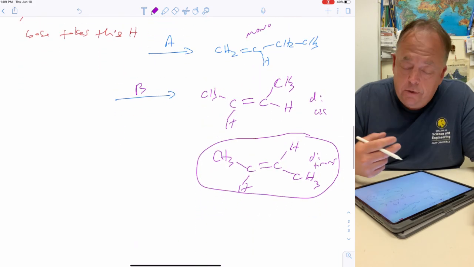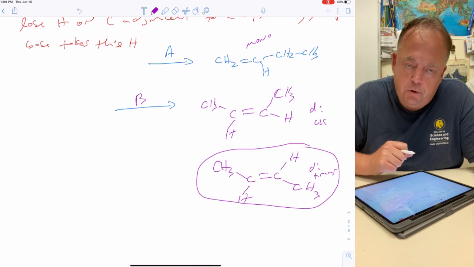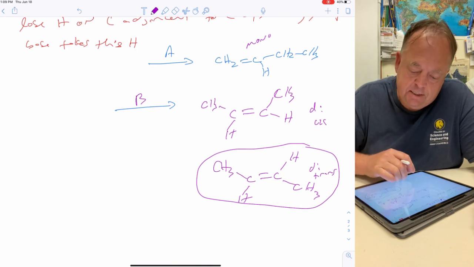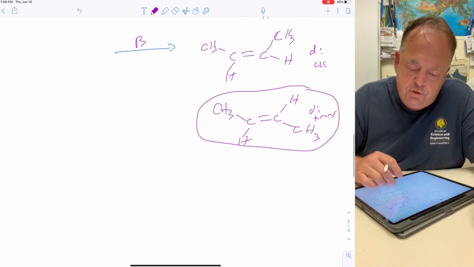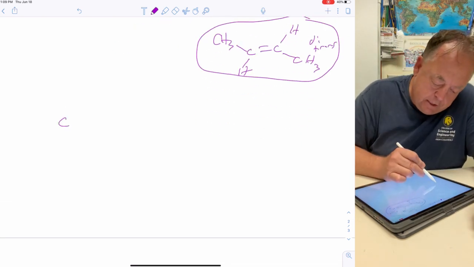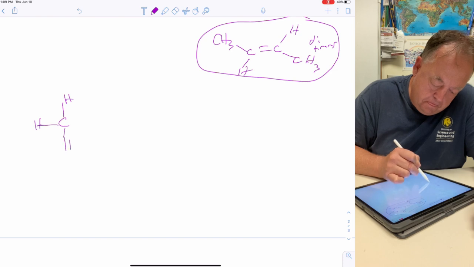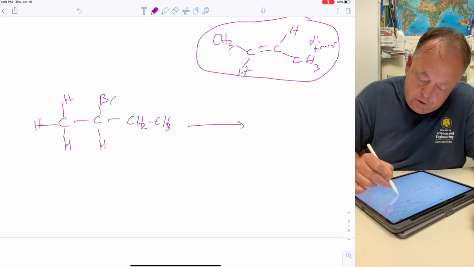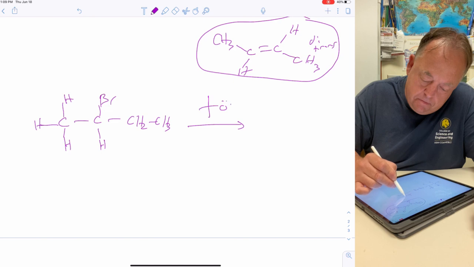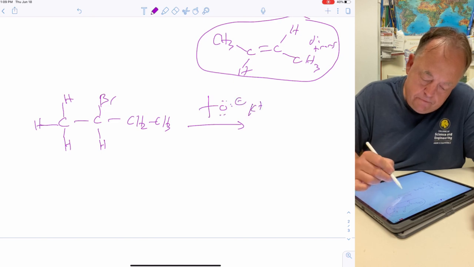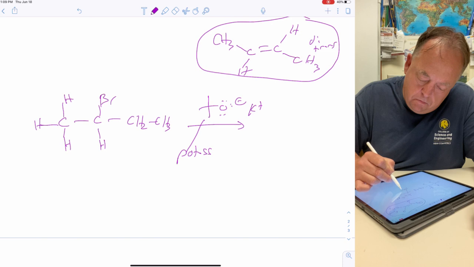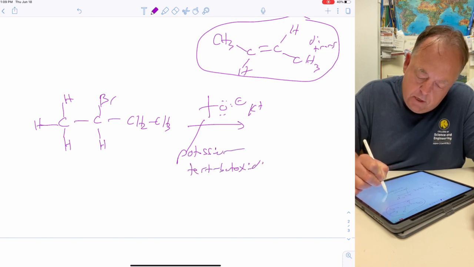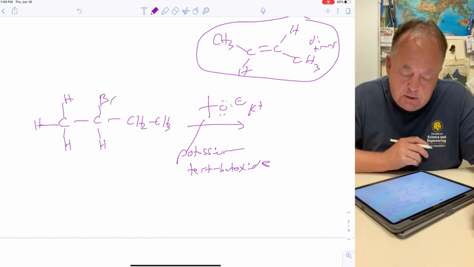But you do not always get the most substituted alkene as the major product in the E2 reaction. That depends on what base you use. So if we did the same reaction, and we used as the base this instead, so that's what's called potassium tert-butoxide.